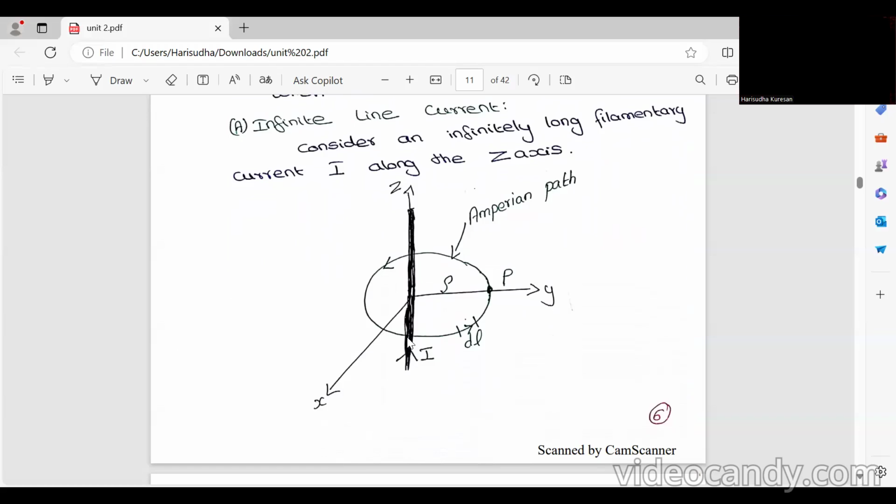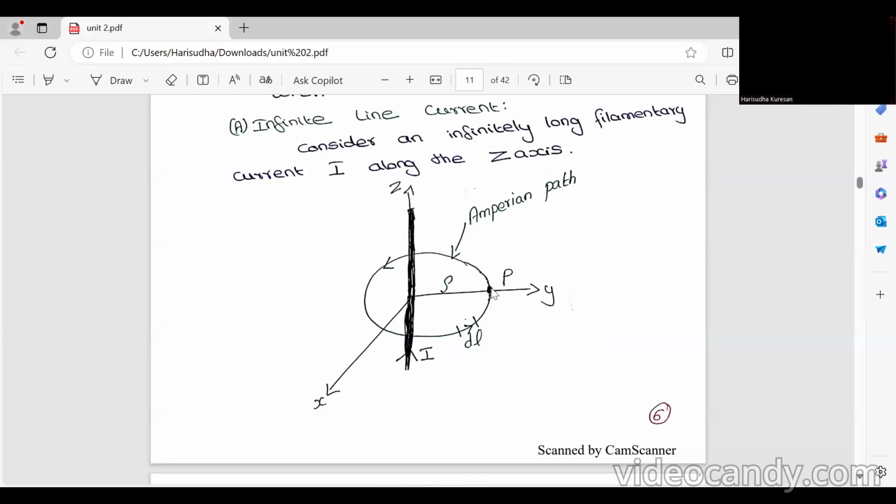You need to determine the magnetic field intensity at an observation point P. So I keep the point P in space, and I need to determine the magnetic field intensity at the point P. Now you allow a closed path which passes through the point P. The path on which Ampere's law is applied is known as the Ampere path, just as we called it a Gaussian path in unit 1.